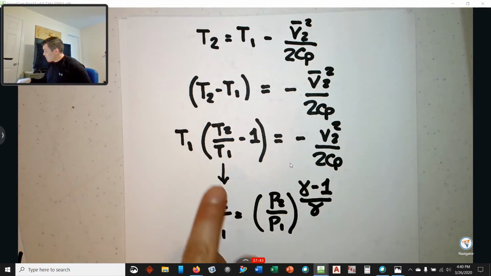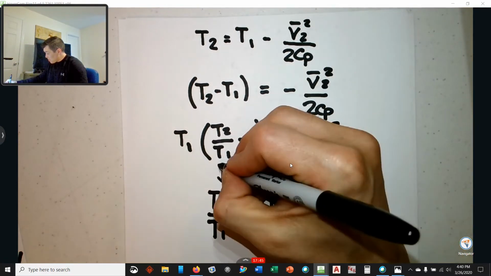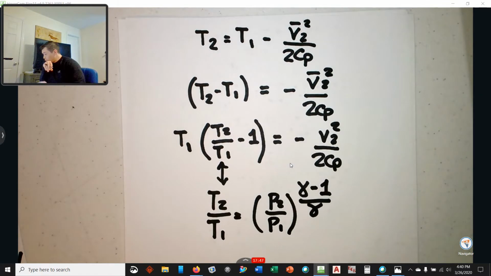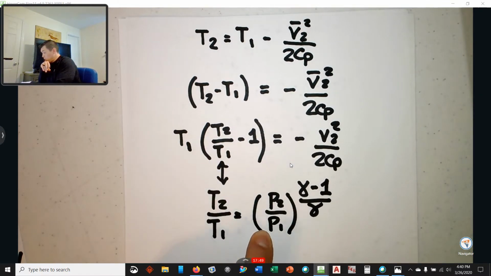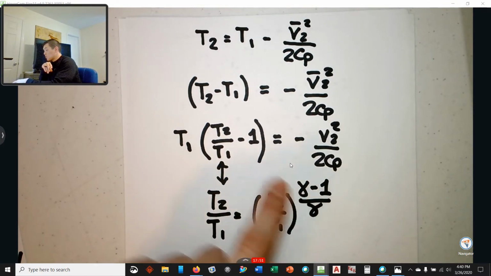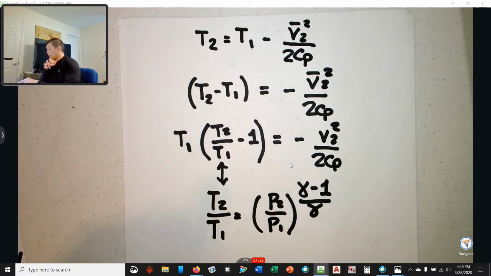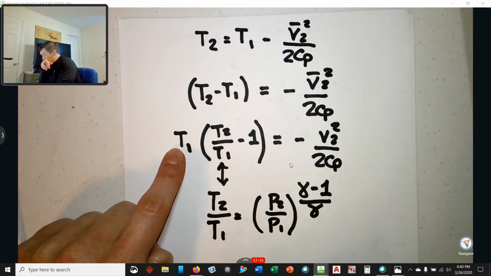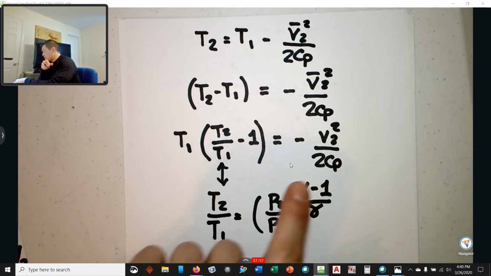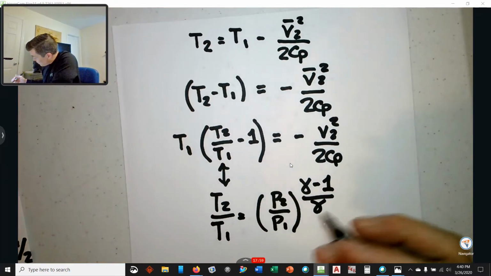So we can replace that in this equation. So we'll have P2 over P1 to the gamma minus 1 over gamma, minus 1. And we can solve that then for V2.